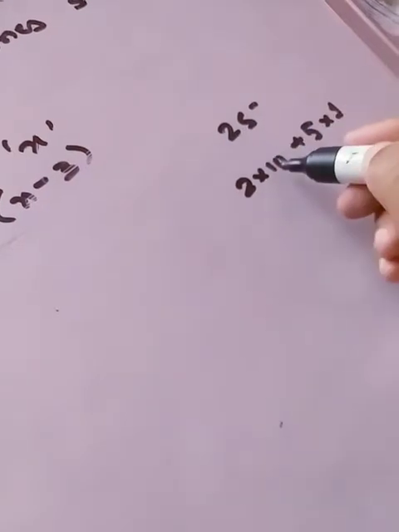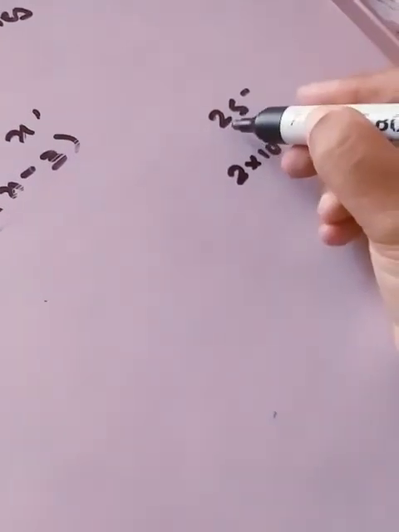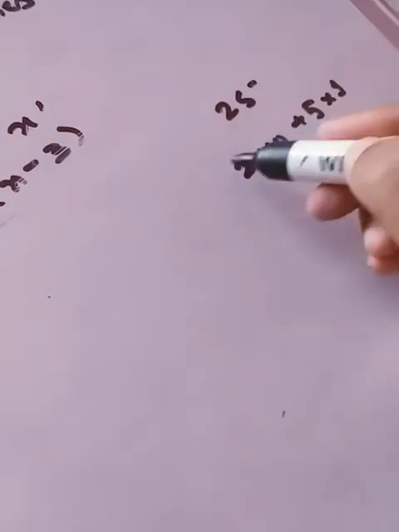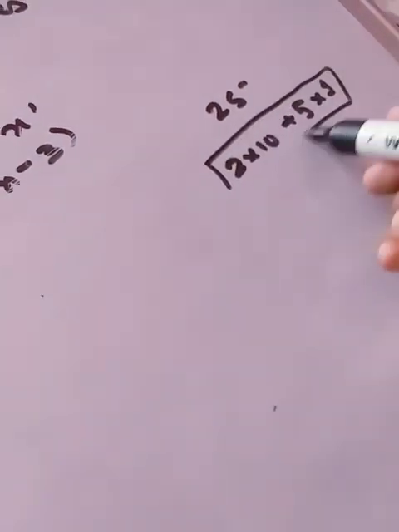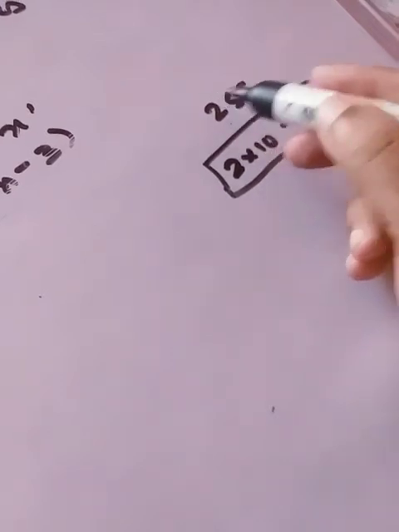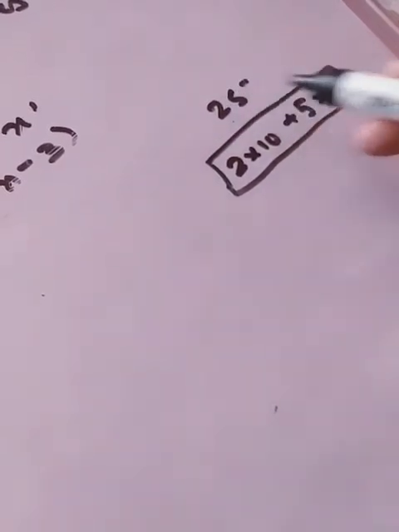Why did I multiply 2 with 10? Because it is in the tens position. And why did I multiply 5 with 1? Because it is in the unit place. This conception is very important for this sum.